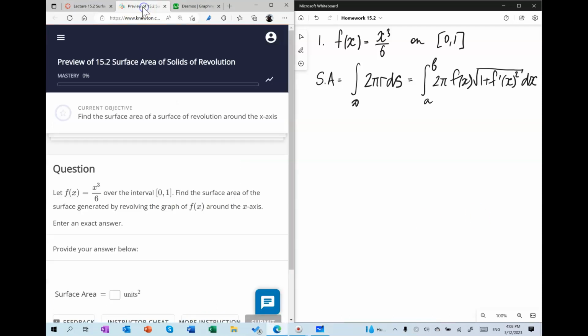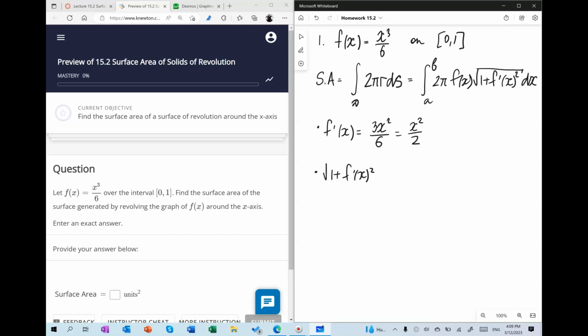We are going to first find the derivative. It's going to be 3x squared over 6, which is x squared over 2. Then we're going to find the integrand. So, well, the hardest part of the integral is the square root part, so let's just go ahead and compute that.